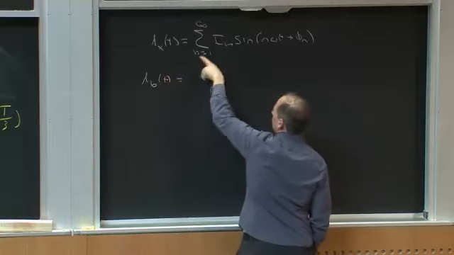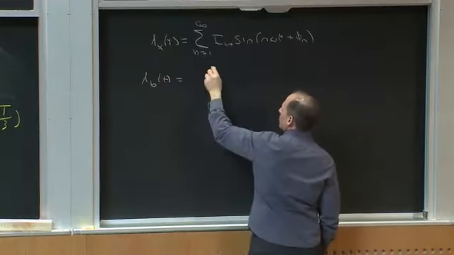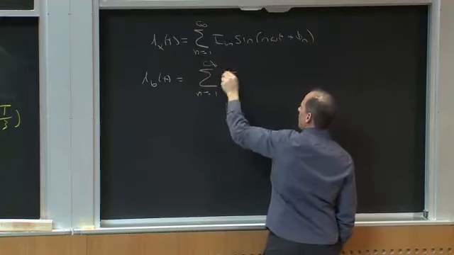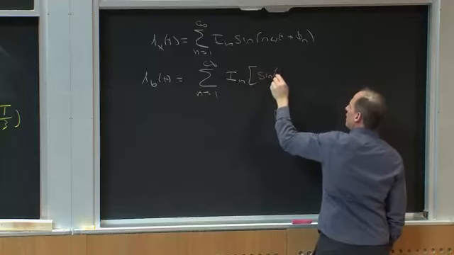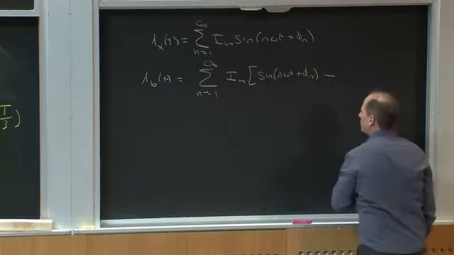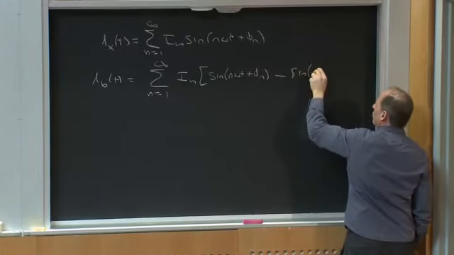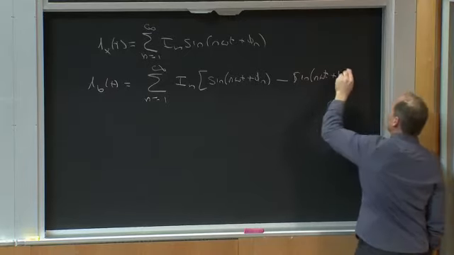would be equal to this minus a shift of a third of a cycle, which I could rewrite as the sum from n equals 1 to infinity of I_n times sine of n omega t plus phi_n, minus sine of n omega t plus phi_n plus n omega t over 3.